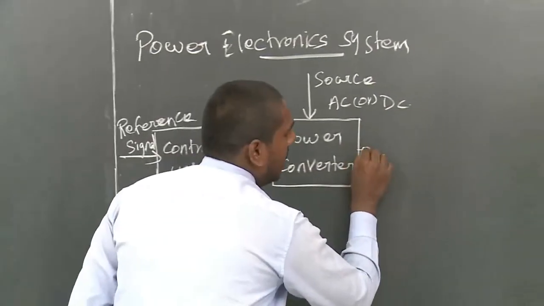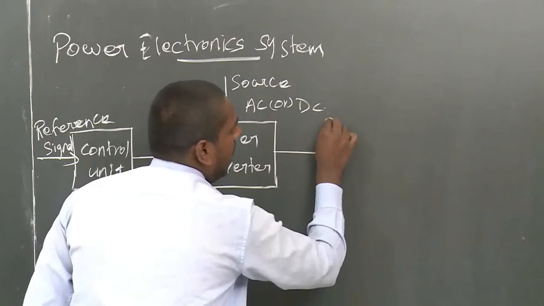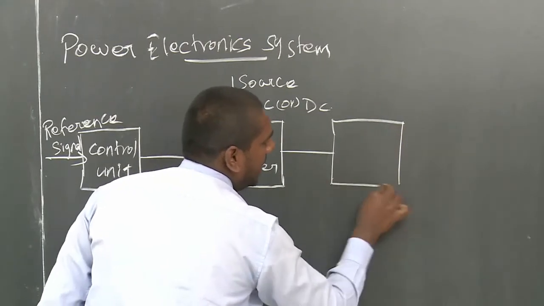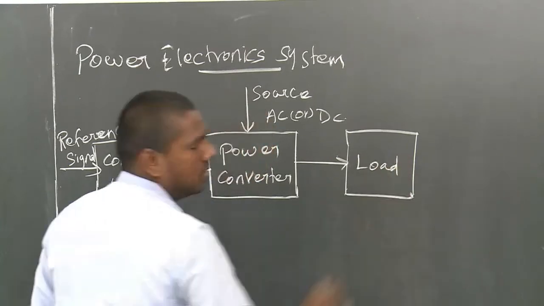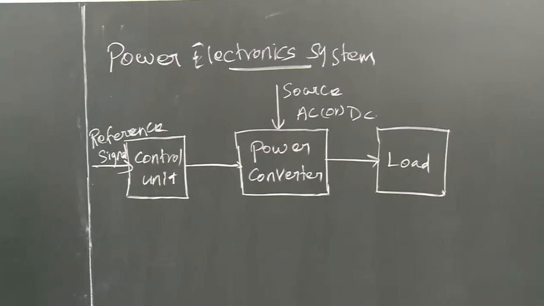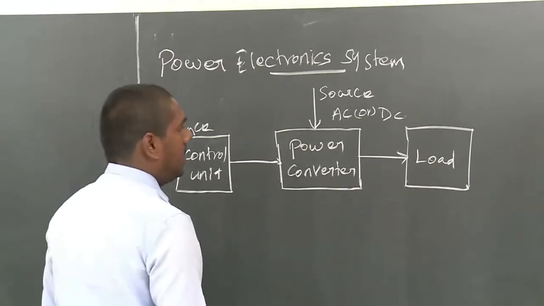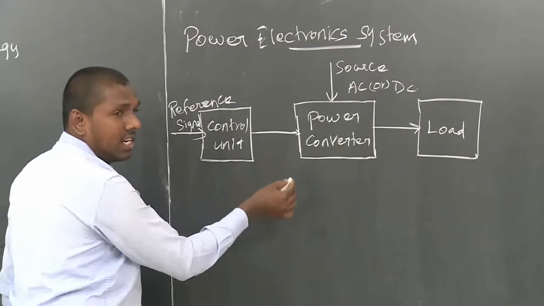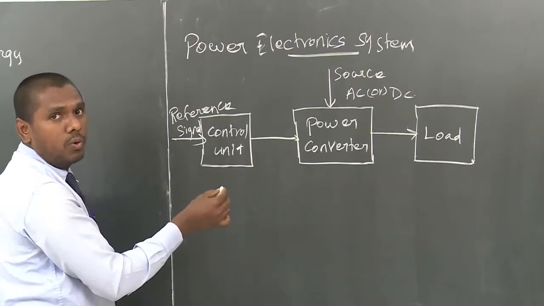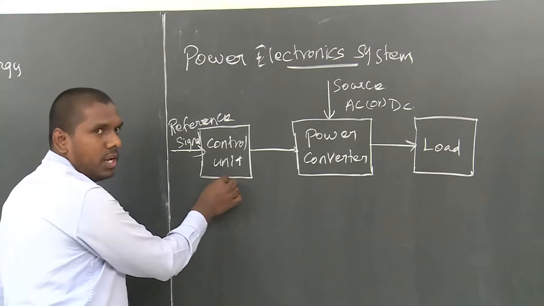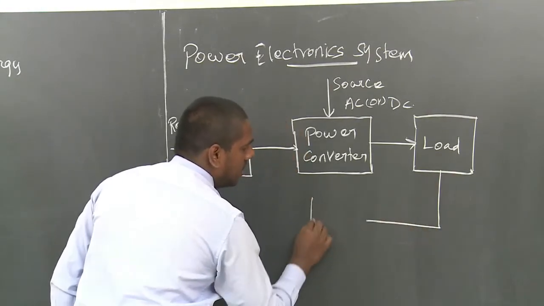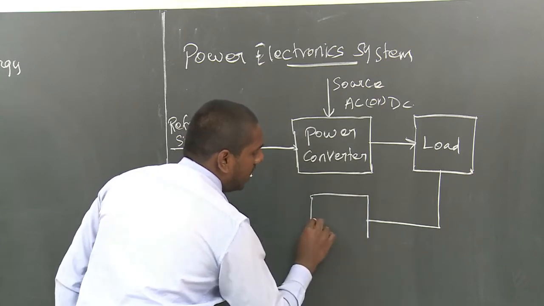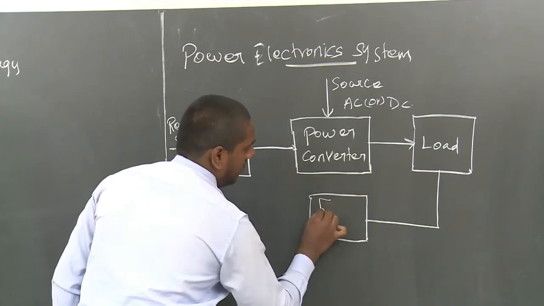Then this power converter operates with the application. That application depends upon the load. So whatever application you need, you have to add it. Okay, this is the general case. This is like an open loop. If you have a control unit, definitely we need feedback. The feedback is taken from your output side.